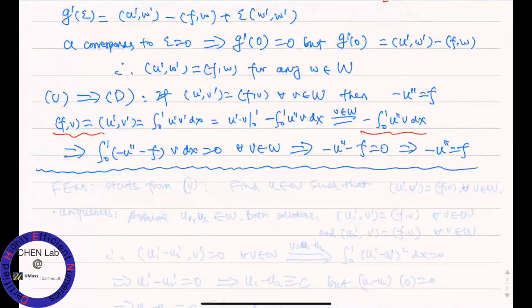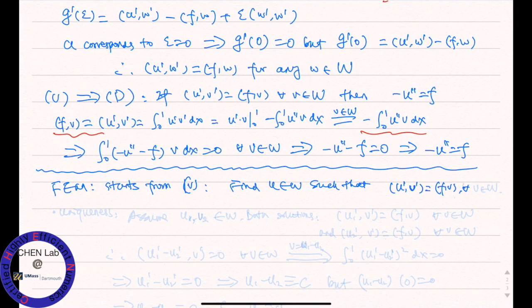So the FEM starts from problem V, which states that I need to find u in W such that the integral of u prime v prime is equal to f v.